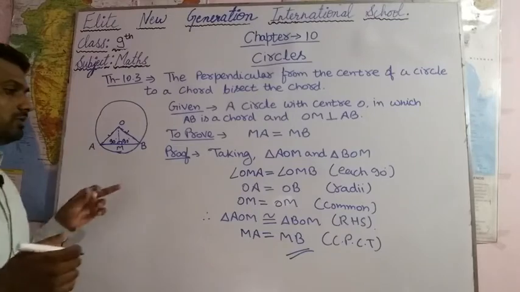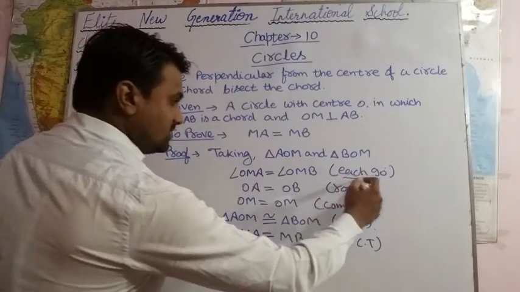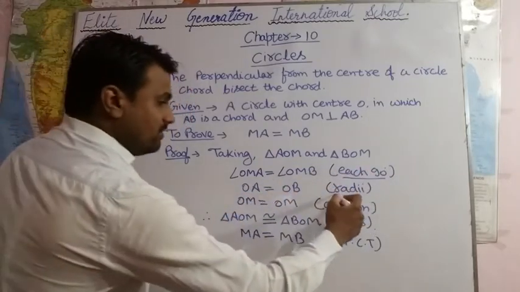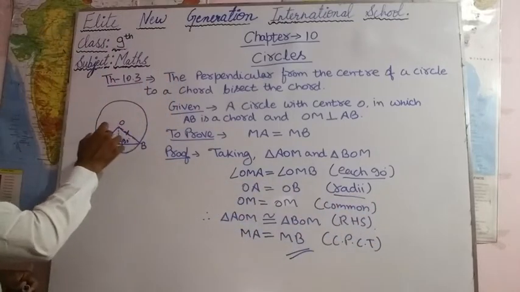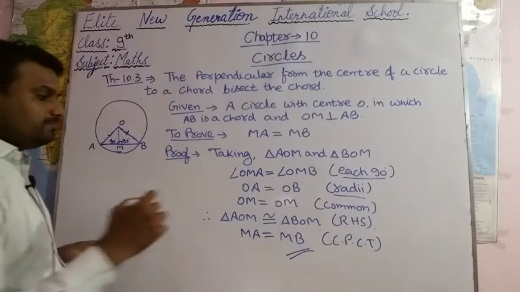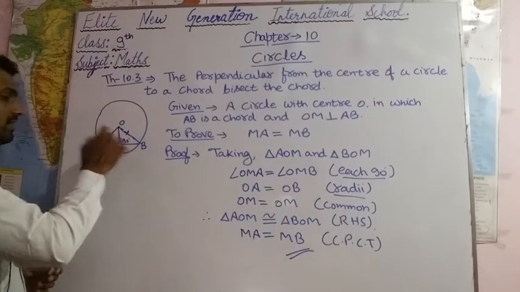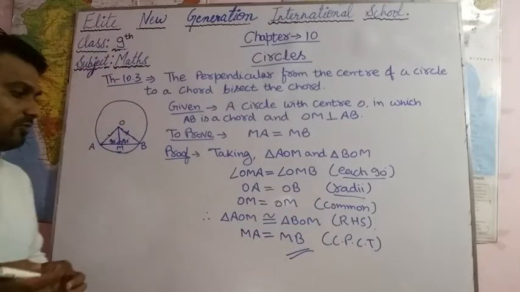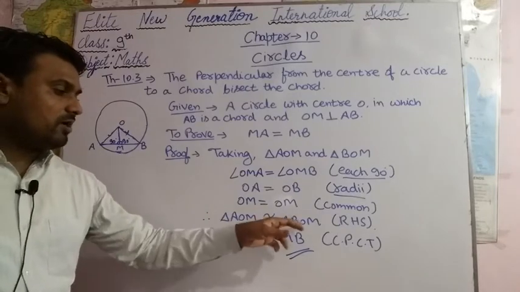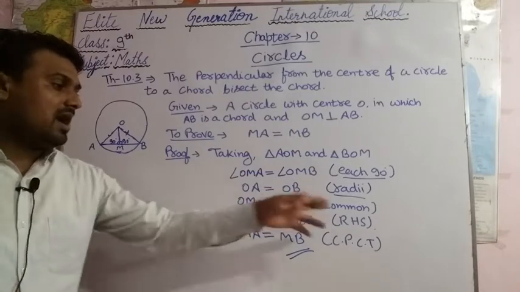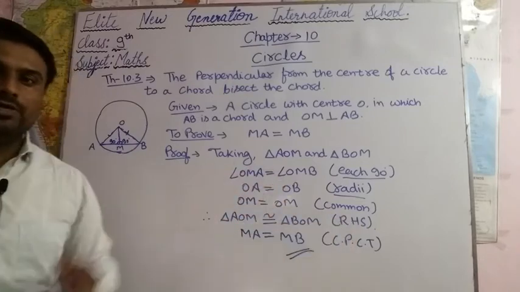So in these two triangles we have a 90 degree angle, and the radii are also the hypotenuse of the triangles, and OM equals OM, that is common, the another side. Therefore triangle AOM is congruent to triangle BOM by RHS, that is right angle, hypotenuse, side.